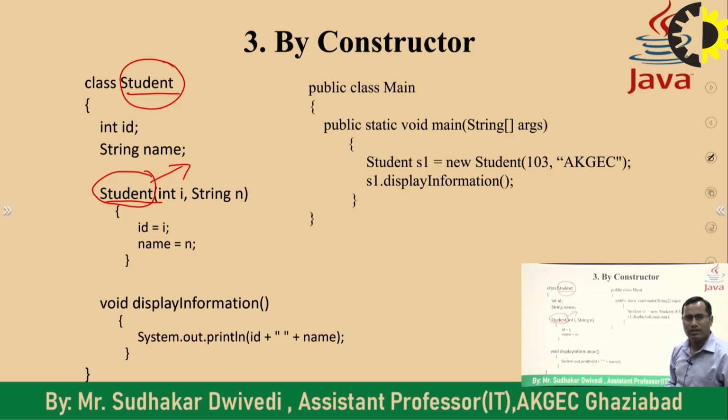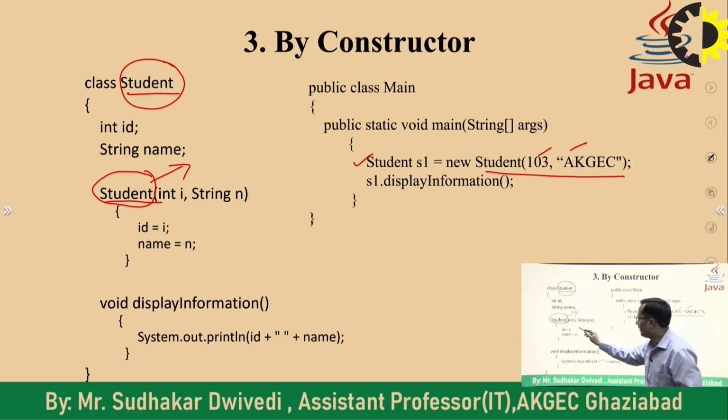Whenever we declare the object, this constructor is called at the declaration time, the values are passed, and the values get initialized. So as soon as the object is created, it is initialized. This is the purpose of the constructor. In this way, we have these three ways to initialize the objects.